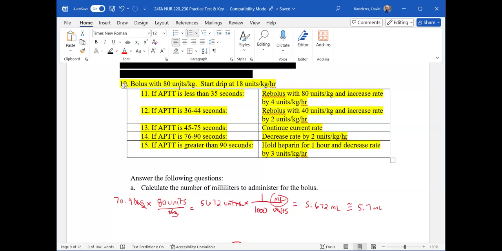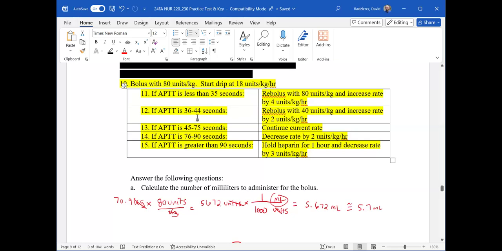After 6 hours, if their APTT is still too quick, less than 35 seconds, then we're going to rebolus again. So the same number. So you wouldn't have to do any different calculations. It would just be another 5.7 milliliters. And then we would actually increase the rate. So we would go from 18 to 22. Okay, but that's only if the APTT is less than 35 seconds.